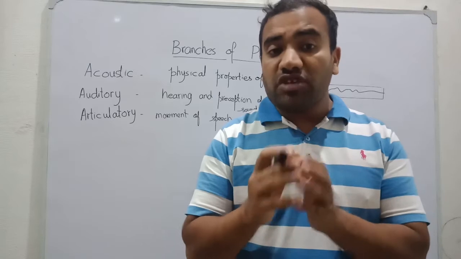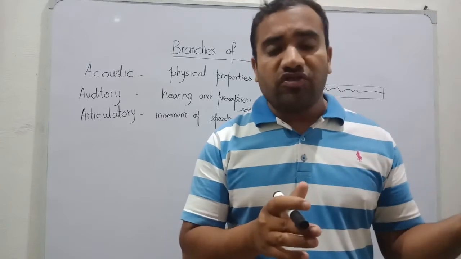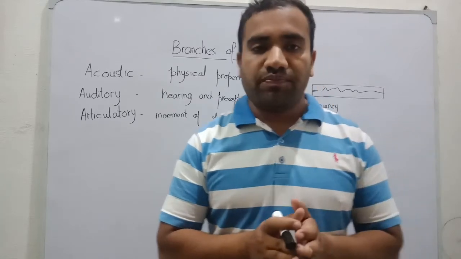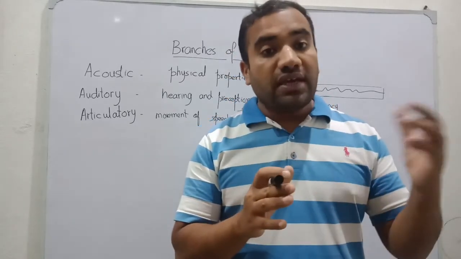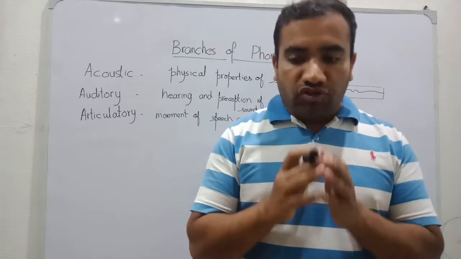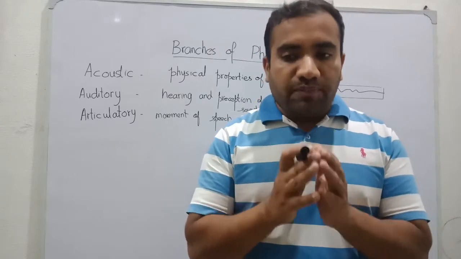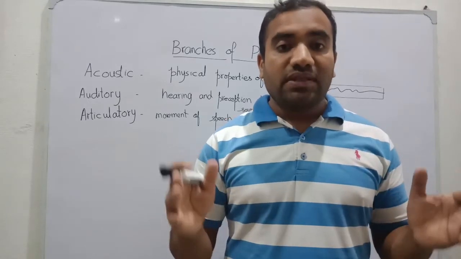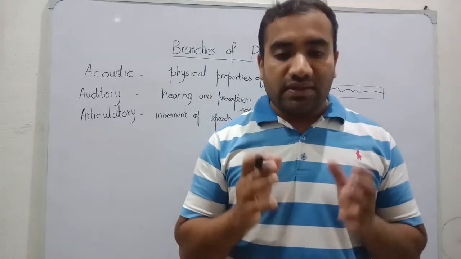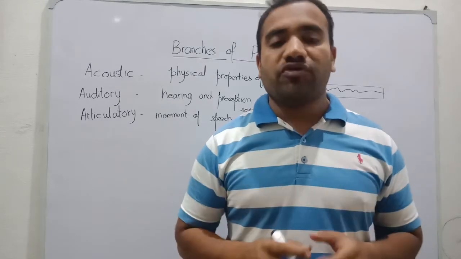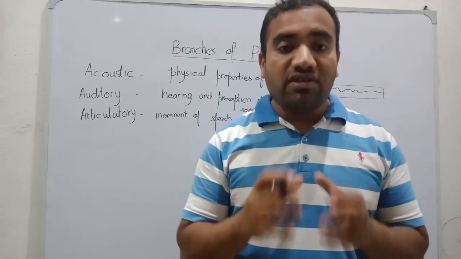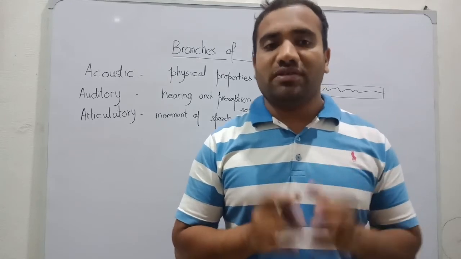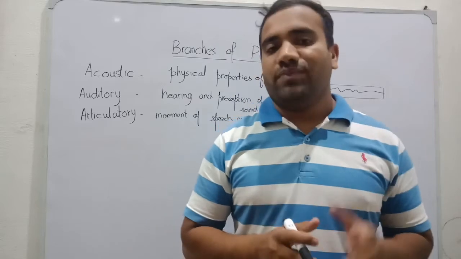But we can distinguish that they produce haphazard sounds, not intelligible sounds like human beings. So for the production of sounds, we need some things that are involved in producing sound, and these are technically called the articulators.